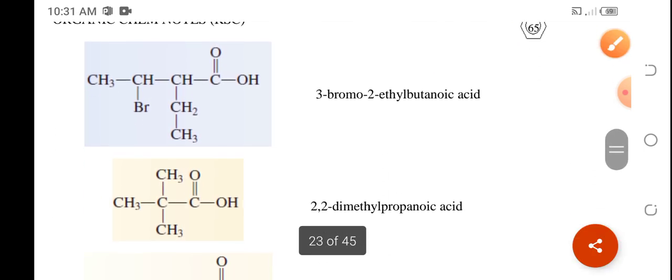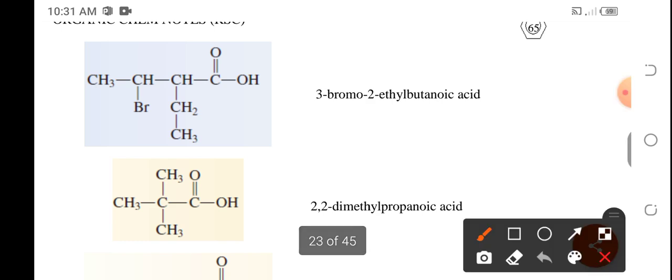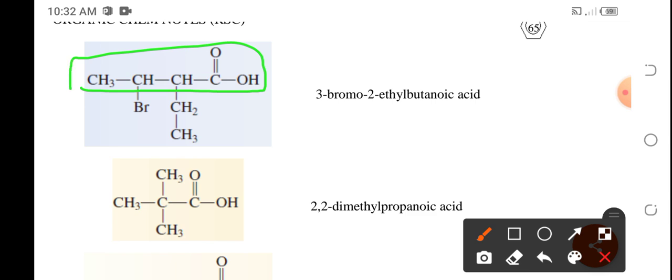What about when there are other substituents? The parent chain should include the carboxyl group, and there are four carbon atoms, so that is butane, supposed to be, because there are four carbons with single bonds.